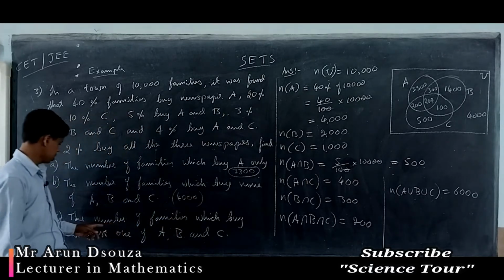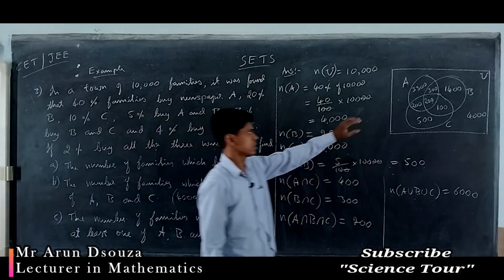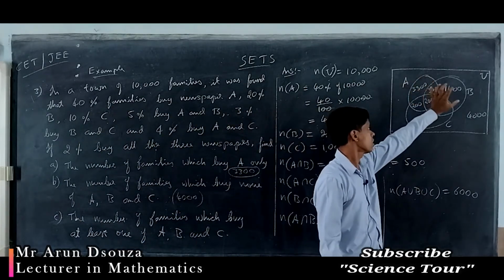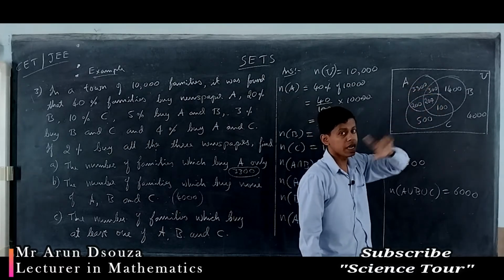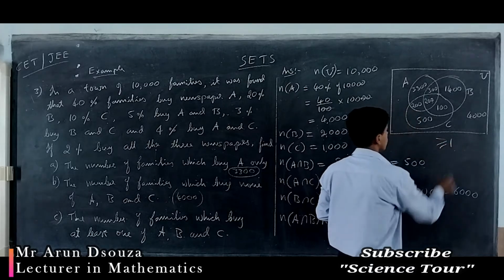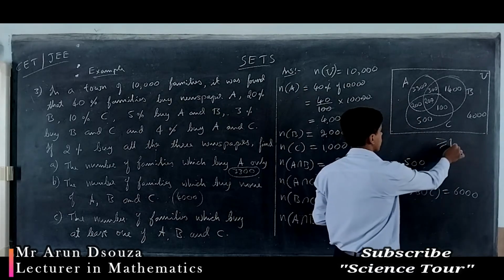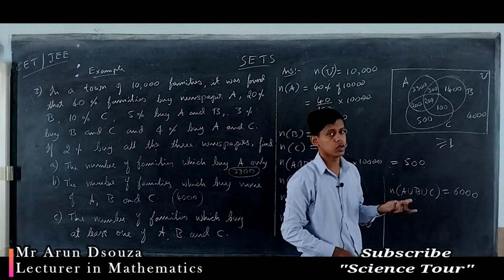Then what about the number of families which buy at least one of them? At least they buy A, or at least B, or at least C, or they may buy both. At least one. What is the meaning of at least one? Greater than or equal to 1. The meaning of at most is less than or equal to 1.